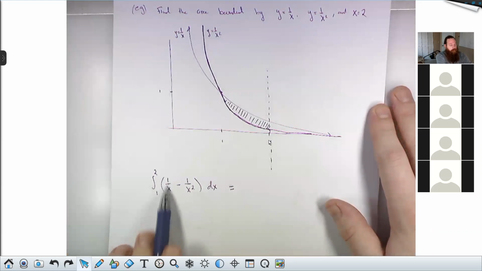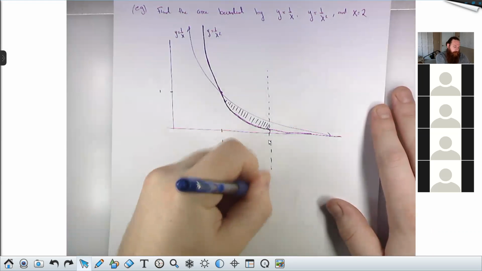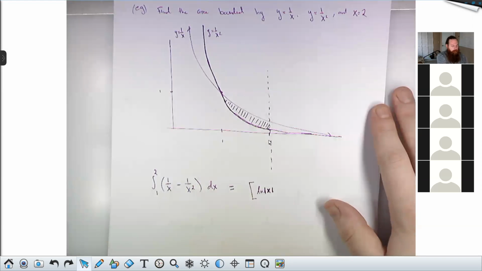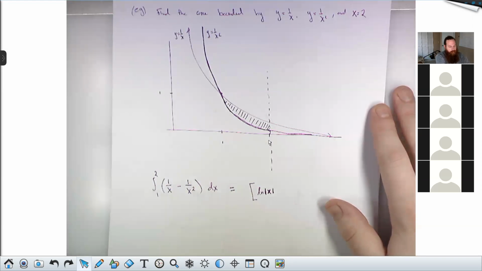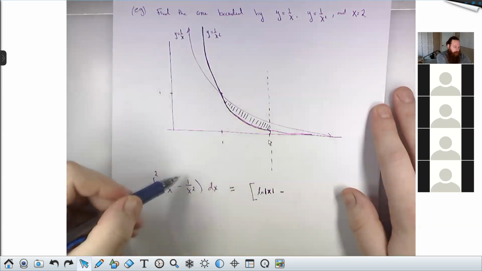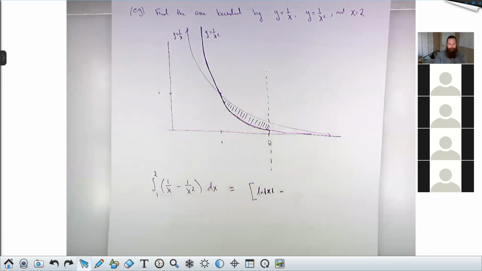So then an antiderivative for 1 over x, ln x works. I guess I should really be using ln of the absolute value of x if we're careful. That's the rule, right? Integral 1 over x is ln absolute value x minus, what's the integral of 1 over x squared? What is an antiderivative for 1 over x squared?